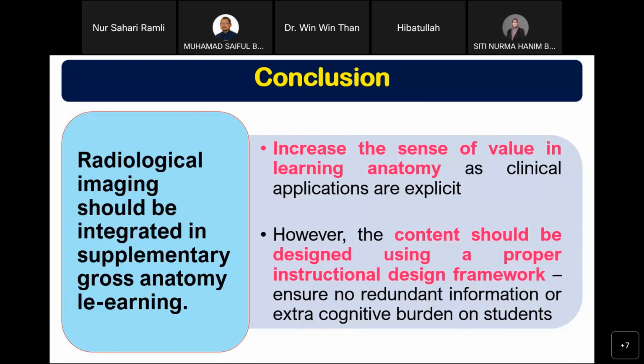However, the content of it should be designed using a proper instructional design framework. Otherwise, with the complexity of radiology and the anatomy content itself, it will impose a lot of extra cognitive load on the students, causing them to be disengaged even further.